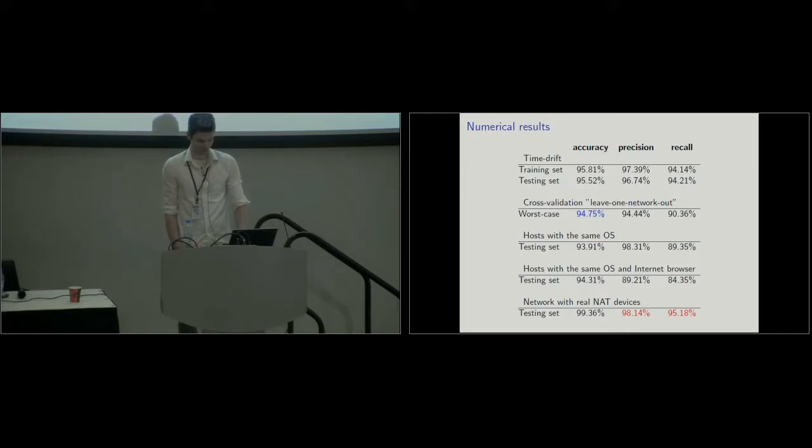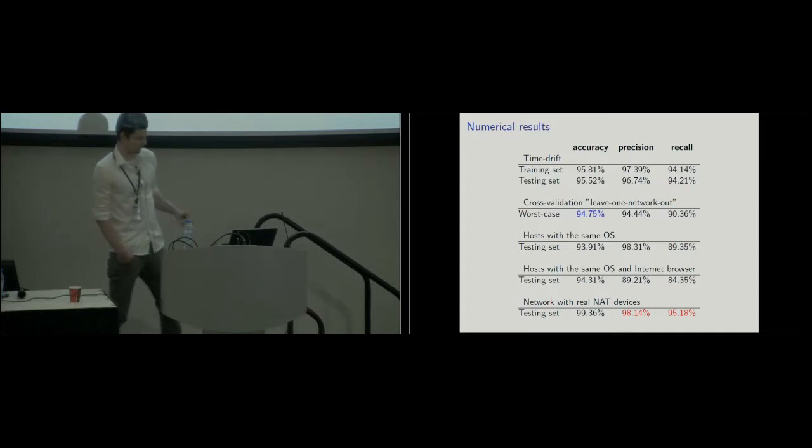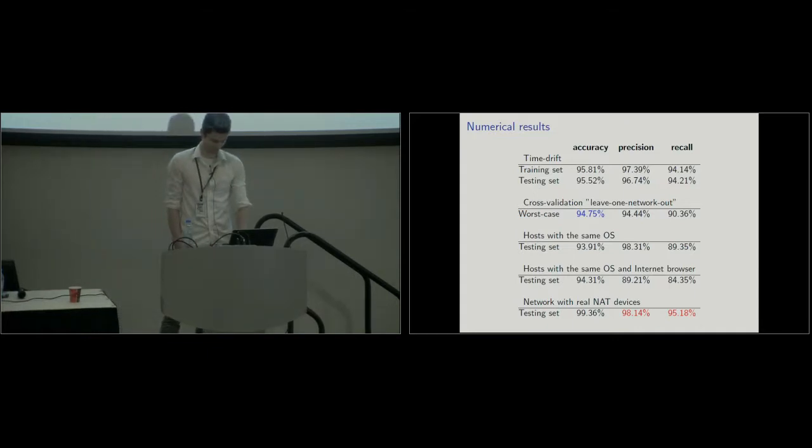As you can see, the measures are a bit worse, but still good. And in the final experiment, we tested on real network data, or on data with real NAT devices. And as you can see, the results are even better than in the case of artificially generated.